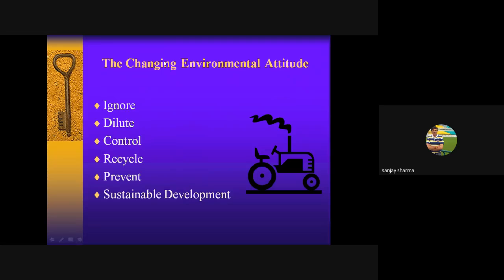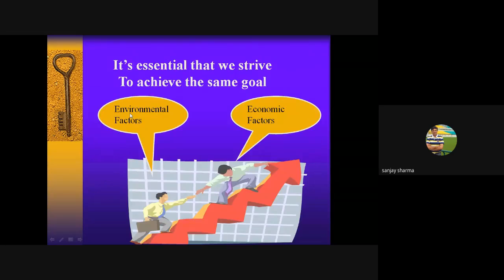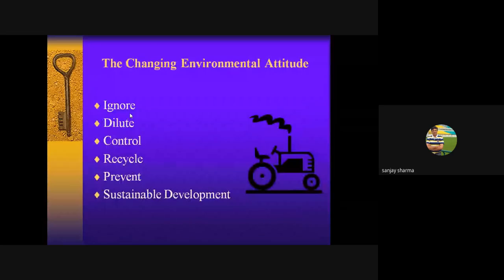That is what I said, that our attitude towards the environment was first ignoring, because the level of our pollutants was too low. Then when some problem started, we started a dilution technique. Mix the water with fresh water, have a tube well, put that extracted water into the wastewater, bring the BOD within the permissible limits, and then you are not caught by the pollution control people.